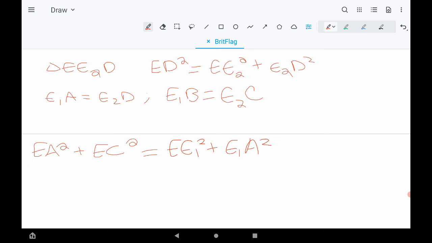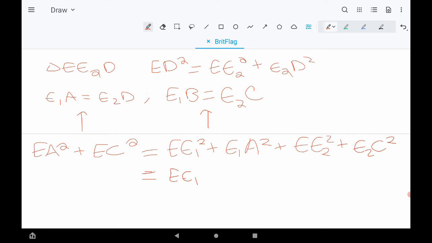So that's EA squared. And then E2C squared. Okay. So this is what we had. We just expanded it by using the Pythagorean theorem. Now let's use the relations we found from the rectangles. And we use these two equations here, right above us. And we get E1A is equal to E2D by the first one.